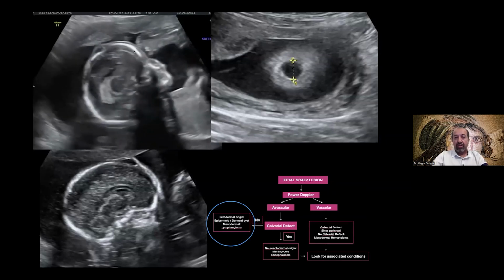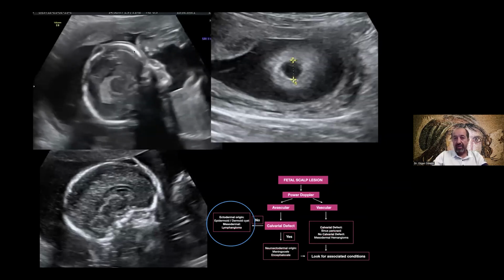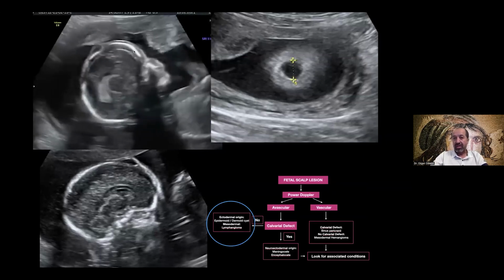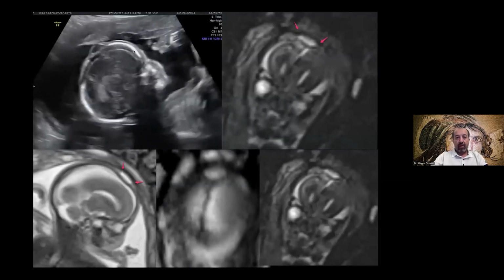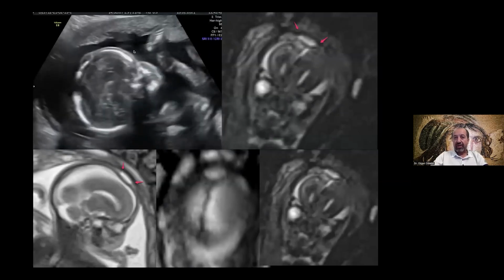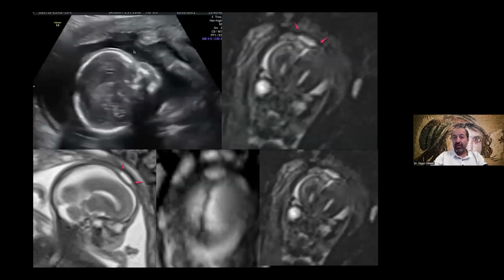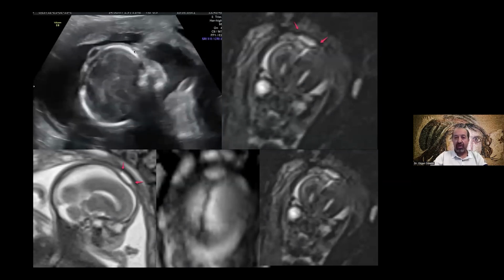According to our diagnostic flowchart, the algorithm points toward a cystic scalp lesion of ectodermal origin, such as a dermoid or epidermoid cyst. On MRI, the lesion shows no evidence of intracranial communication, and misinterpreting this lesion as an encephalocele could lead to unnecessary termination of the pregnancy.